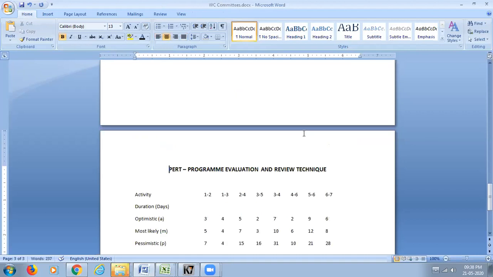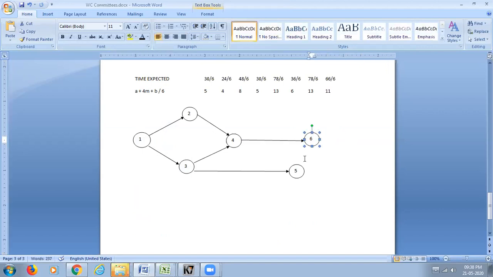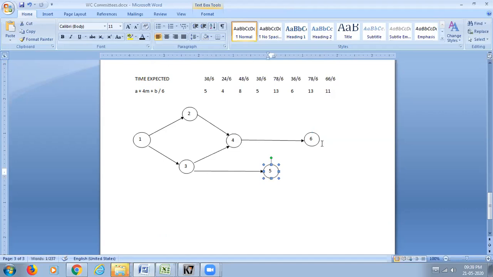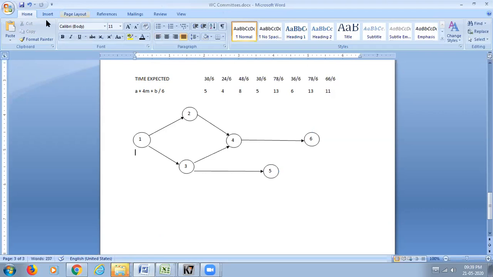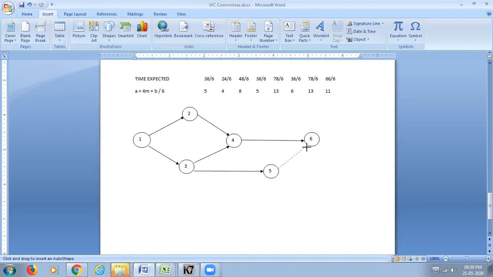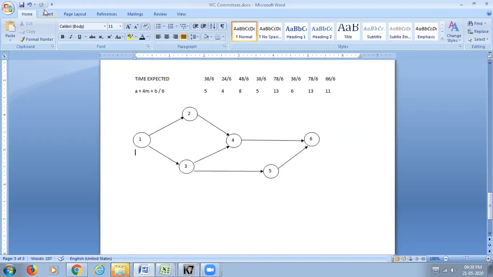Then you have 5 to 6, 6 to 7. Just adjust this a little so that I can fix the 5 to 6 and 6 to 7.